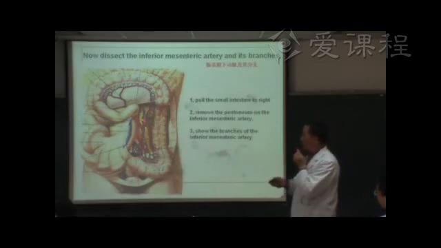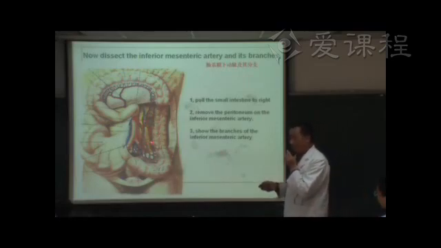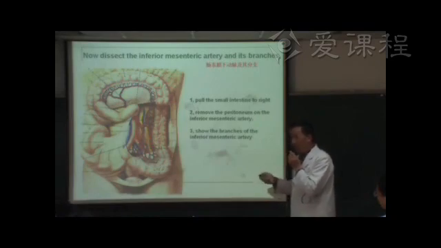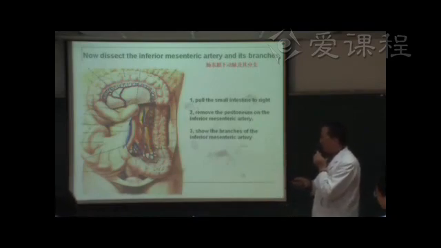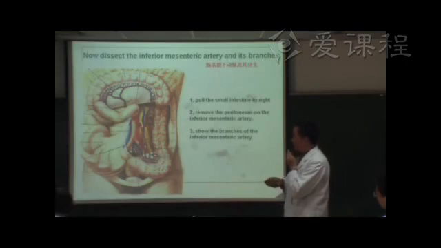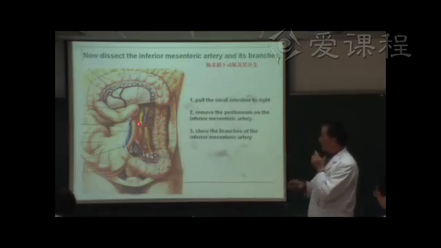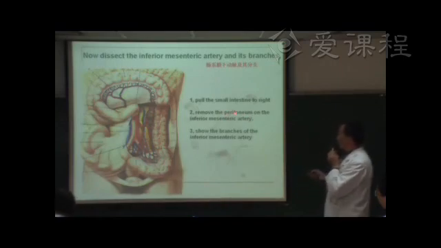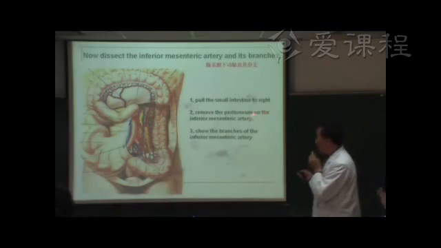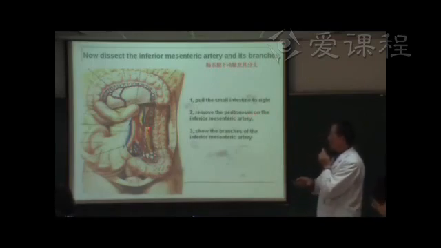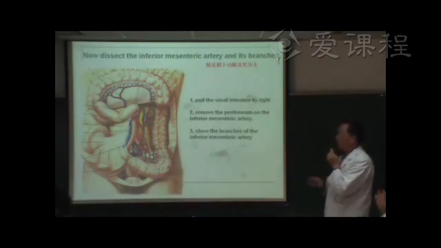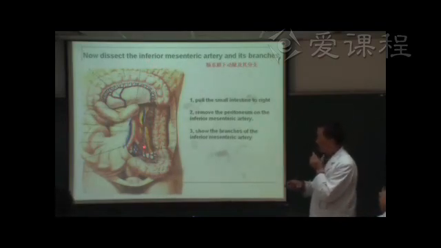Also, you should remove the anterior surface of the peritoneum covering the artery. After this peritoneum is removed, you can see the inferior mesenteric artery, this one.